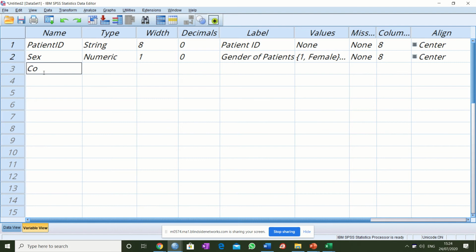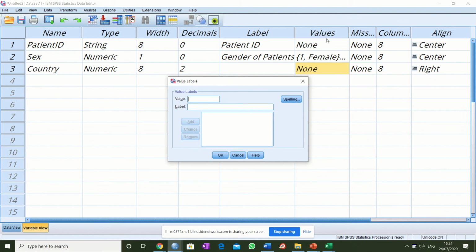Okay, country. When we are going to group, we open values. We say 1 Turkey, for example, 2 Italy, 3 France, 3 countries.